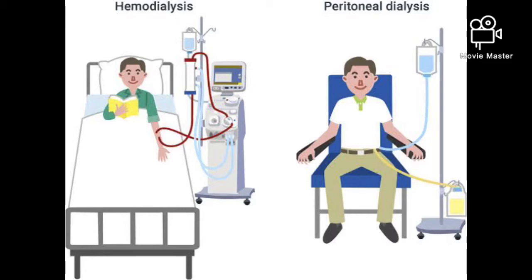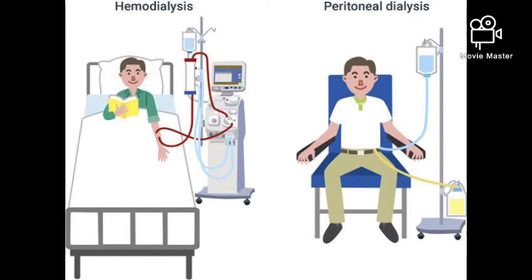So what happens here is that the partially permeable membrane is bathed in the dialysate, and the waste material, for example nitrogenous waste or excess salts, diffuse out of the blood into the dialysate, and the clean blood is returned back to the body of the patient. However, this occurs 6 to 10 hours, 3 times a week, under a strictly controlled diet.